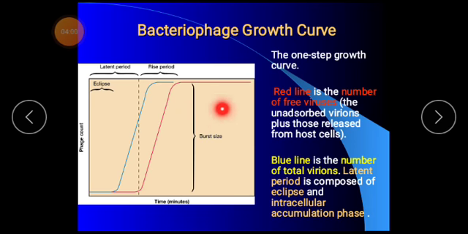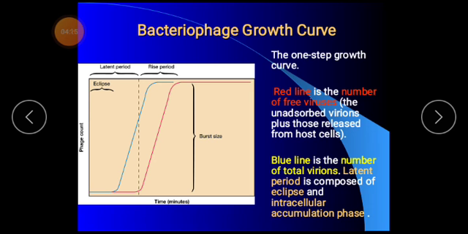The blue line is the number of total virions that are made. Here we have time in minutes and phage count, and the latent period is composed of eclipse and intracellular phases.